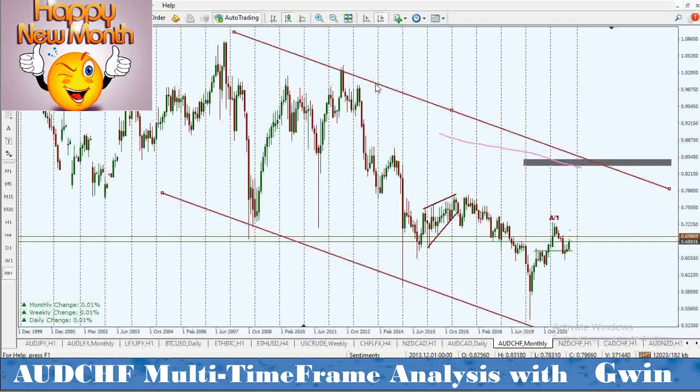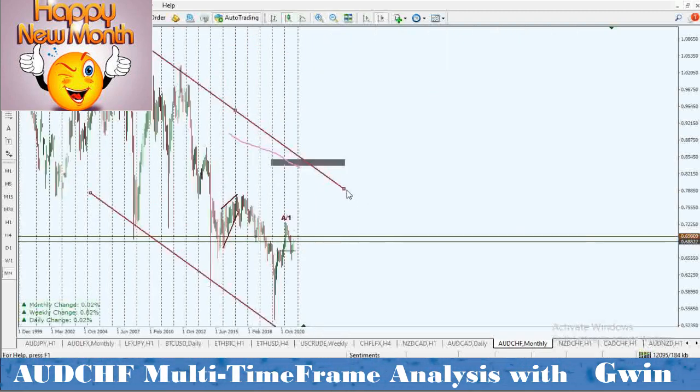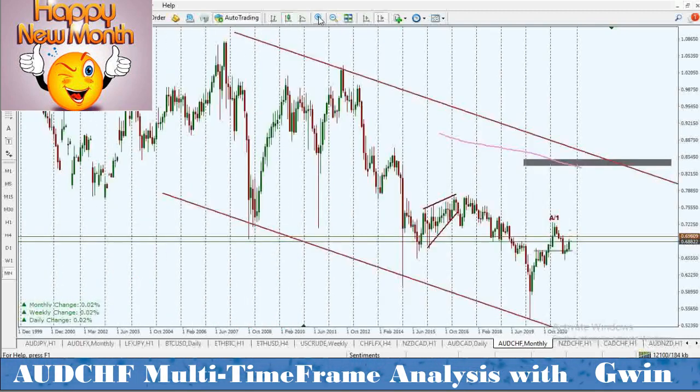If you put the line, you're going to see that we have a downward structure. However, we did hit the support, and we could say that this could also be the support, and we might also be seeing a start of a new wave development, in order for price to attempt to maybe create a new structure to break this trend in the future.